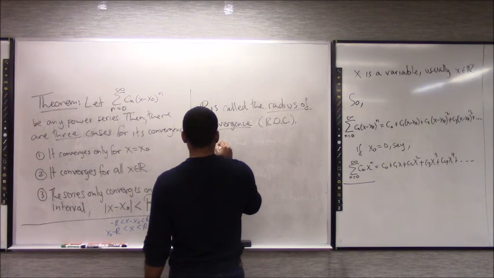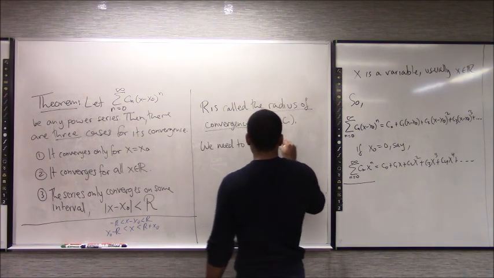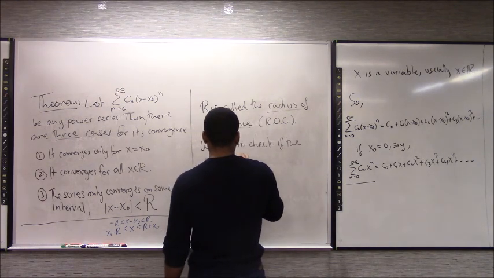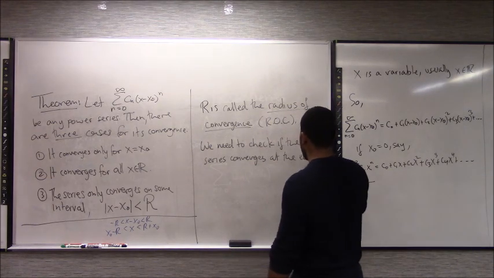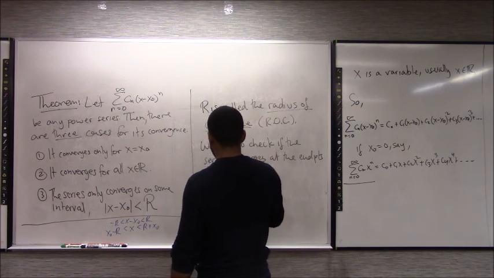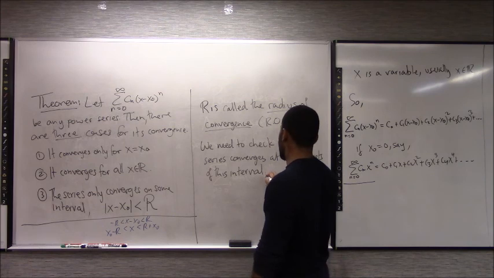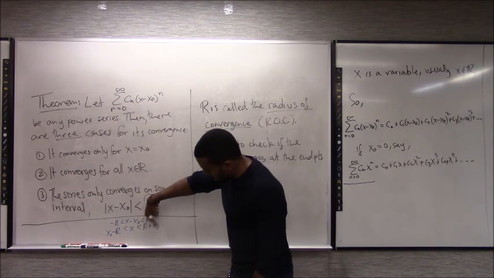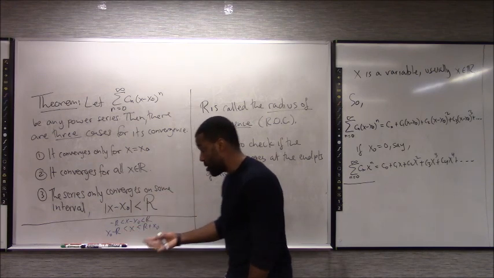And we need to check if the series converges at the endpoints of this interval. It's possible that it will converge at the actual boundary, so I can put an equal sign here and an equal sign there, but it's possible not.